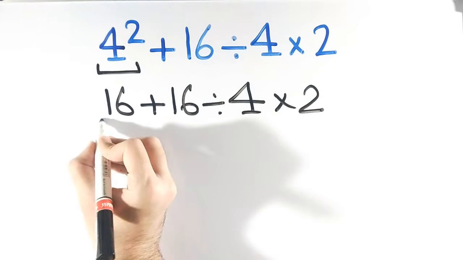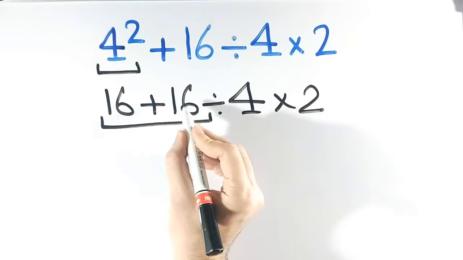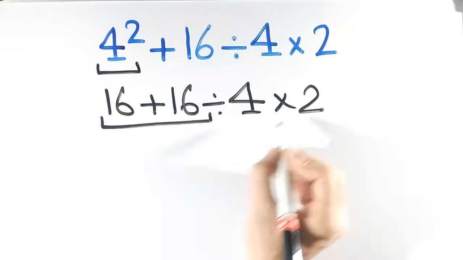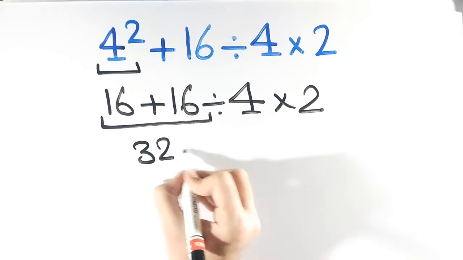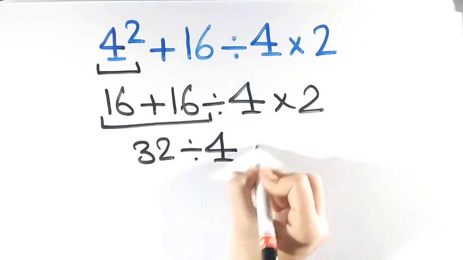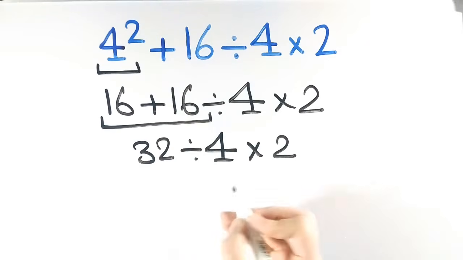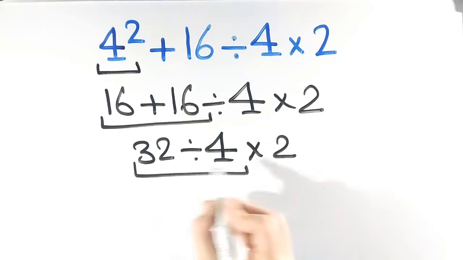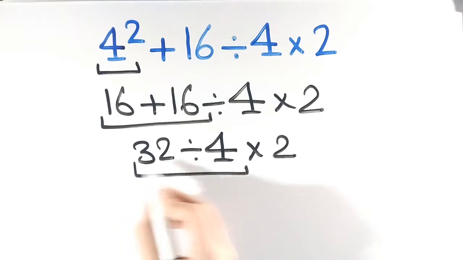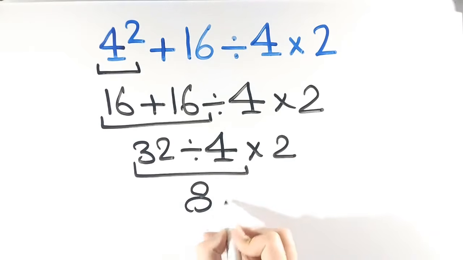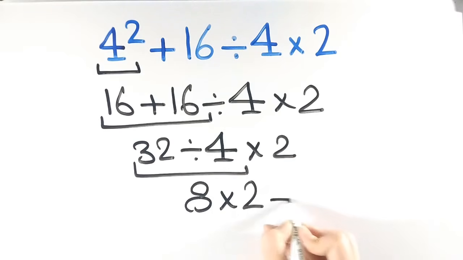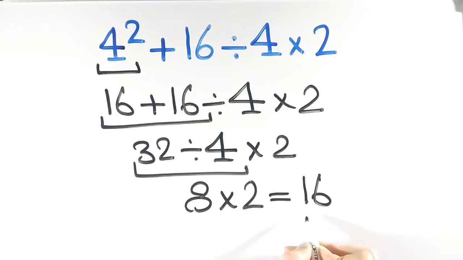And the next step, they go for the addition between 16 and 16. And write this expression as 32 divided by 4 multiplied by 2. Then they go for the division between 32 and 4. And write this expression as 8 multiplied by 2, which finally gives them the answer 16.